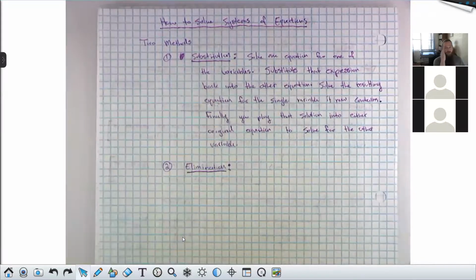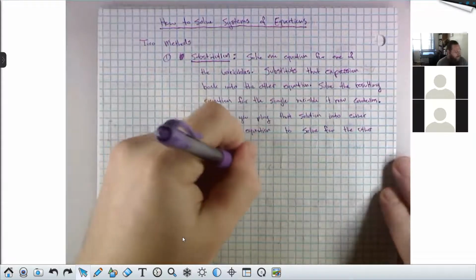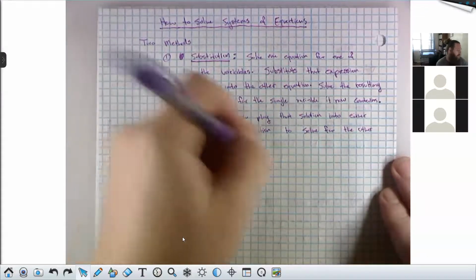So this is where I give you a system, and you're going to add the two equations together, or maybe subtract the two equations from each other, or maybe add a multiple of one equation to the other such that one of the variables goes away. All of those are actually contained in the last.